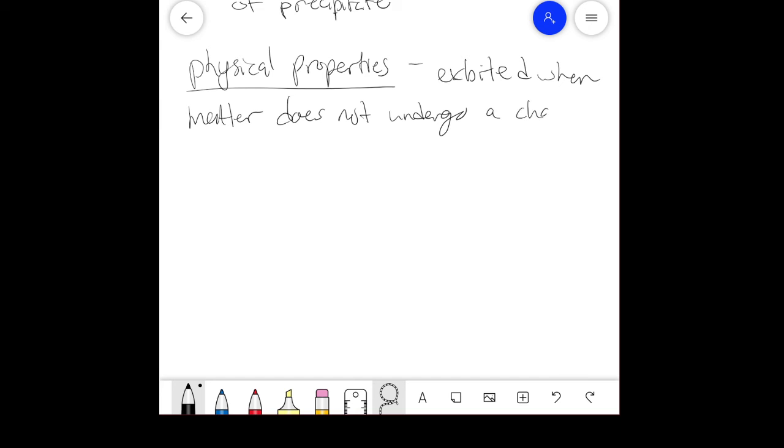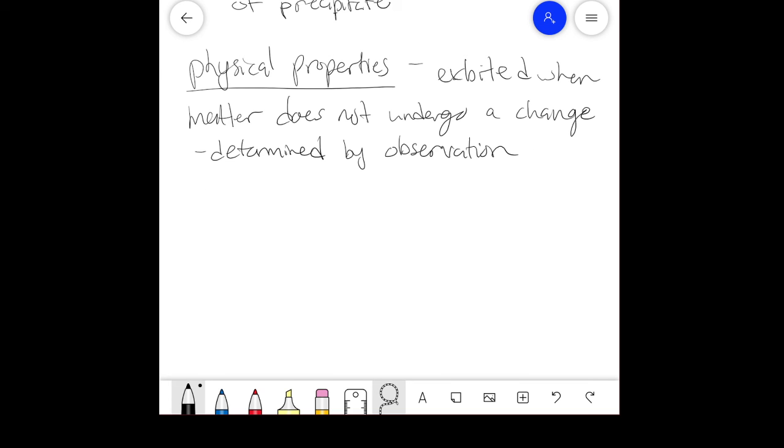Just like a physical change, it's not changing the substance. A physical property doesn't have anything to do with changing. It can be determined by observation. So, you look at something and you start describing it, that's going to be a physical property.